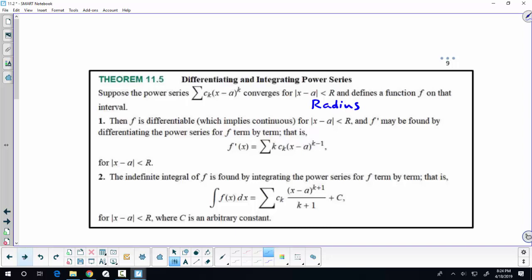Here we have to be more careful because this doesn't mention an interval of convergence, right? Notice it's got the absolute value of x minus the center less than r, which tells us that our radius of convergence is whatever that r is. It's the same thing here when we take the derivative. Term by term differentiation converges for the same radius of convergence. And notice we just take the derivative with respect to x of this function up top.